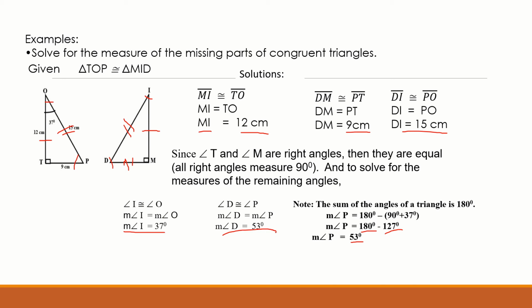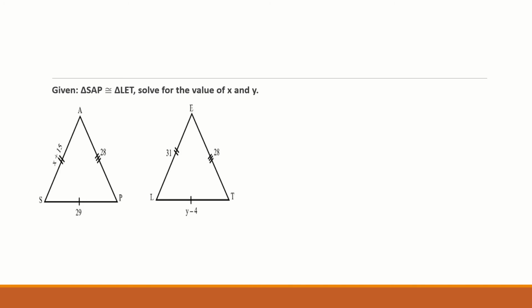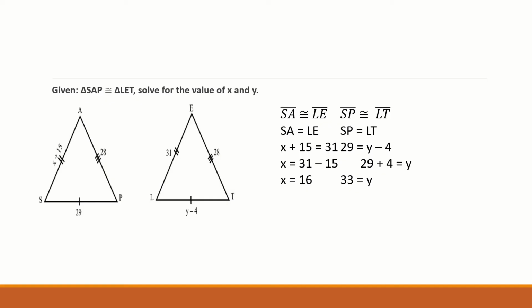Let us have the second example. So we have triangle SAP is congruent to triangle LET. So solve for the value of X and Y. Okay, so dito gagamit tayo ng mga algebraic expression. So the measure of the sides are in algebraic expression. So merong variable. So we have here, congruent ang side AS to side EL.